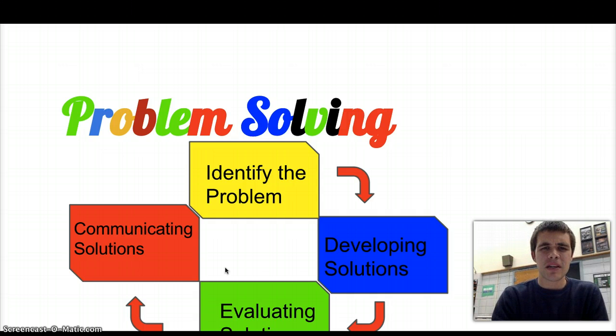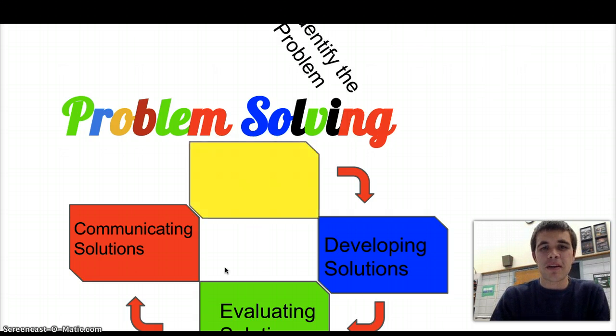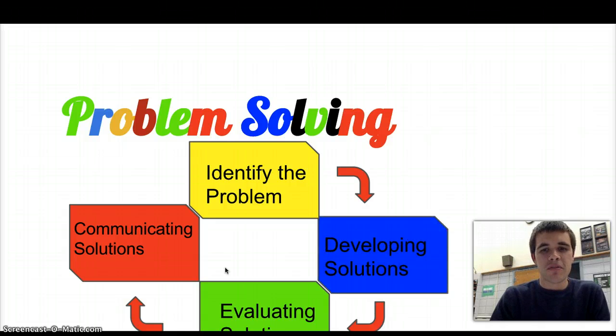As you work through different things in the lab, you'll have to identify these, and you'll probably recognize how you use them already, but be able to be more specific about how these are used. So identify, develop solutions, evaluate solutions, and then communicate solutions.